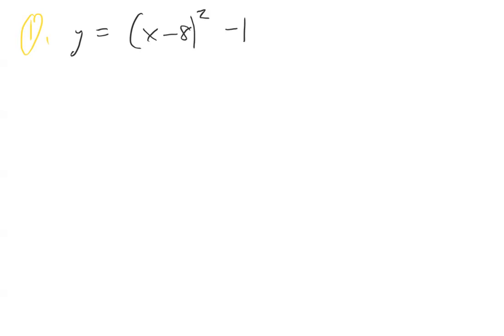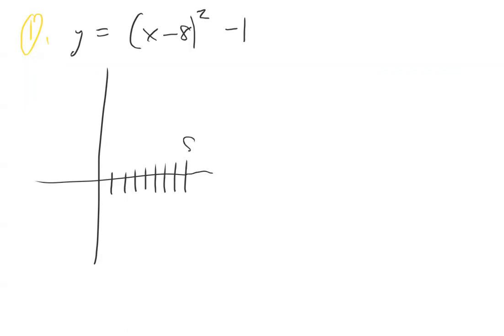First of all, let's just remember what that means. That is a parabola that is shifted right 8 units: 1, 2, 3, 4, 5, 6, 7, 8. 8 units to the right, and also 1 unit down.